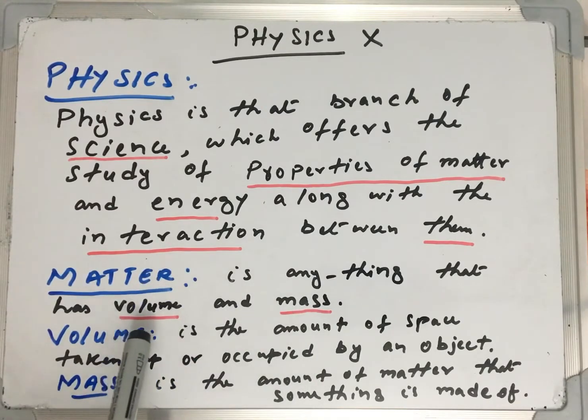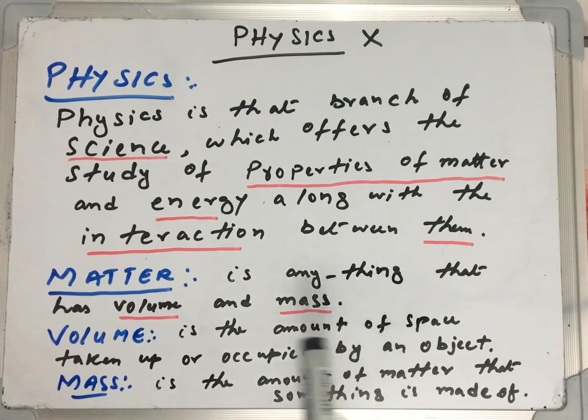So what is volume? Volume is the amount of space taken up or occupied by an object, any object that occupies a space.